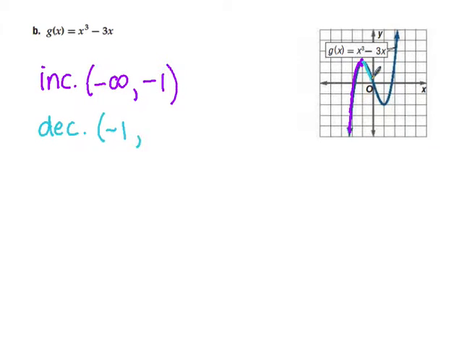At what point do I stop decreasing, or do I even stop decreasing? At positive 1, right here I stop. So I'm going to put positive 1. At positive 1, what do I do? I start to increase, so I'm going to come over here and put a comma, positive 1. At what value do I stop increasing?